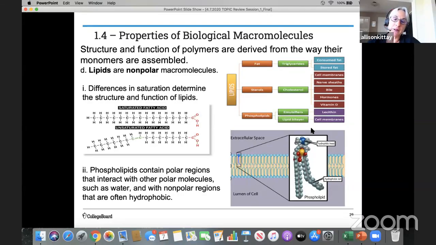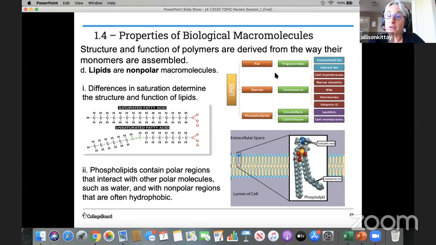I want to talk about the last group of biological molecules that I'm going to get into detail about, and those are the lipids. Again, let's start with this flow chart here. Lipids are all grouped together because they are nonpolar, and you've got fats, sterols, and phospholipids. Fats are composed of triglycerides, and I'm going to show you how you can build a triglyceride using dehydration synthesis.